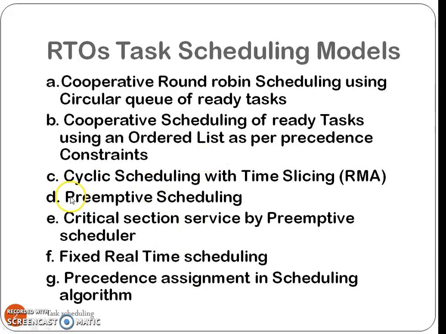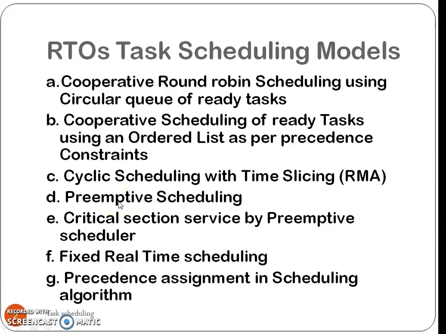So difference between the third one and fourth one is that the blocking should not occur in the critical section of any lower priority task. So this is to prevent the occurrence of a shared data problem. So we will have the separate lecture for shared data problems.